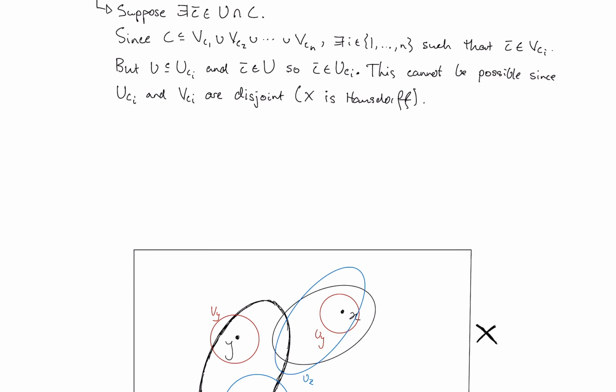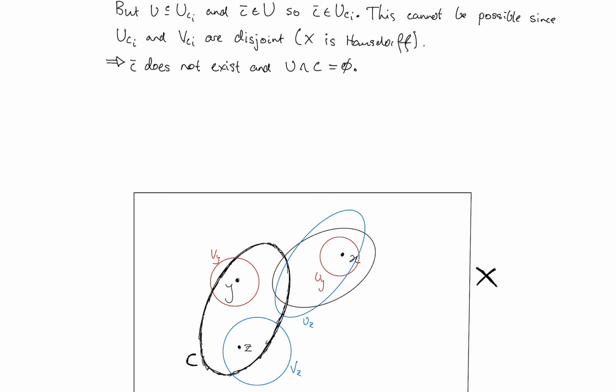Well, that's our contradiction. So that implies that the point we've supposed existed does not. So if no point exists, then we have that the intersection, this one here, must be empty. Very good.